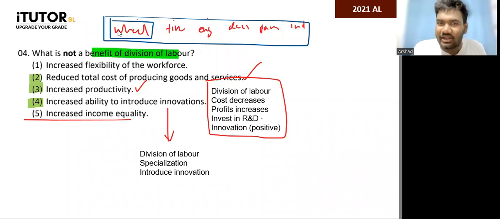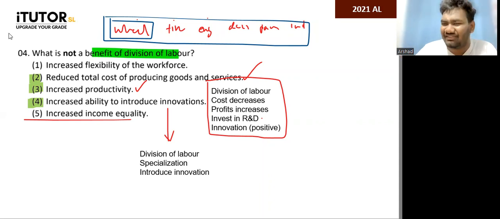A new person is joining. It's easier to train the fellow on one small thing, no? You say, okay, come, I'm putting you in the engine section, and you train him on the engine section. That's easier, no? That's more flexible. You don't have to teach the person the entire thing. So therefore, you can say it increases flexibility.